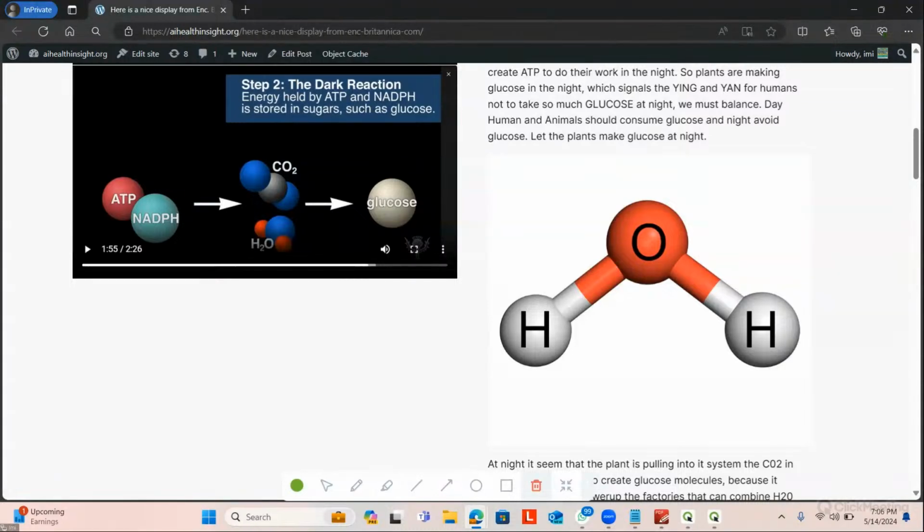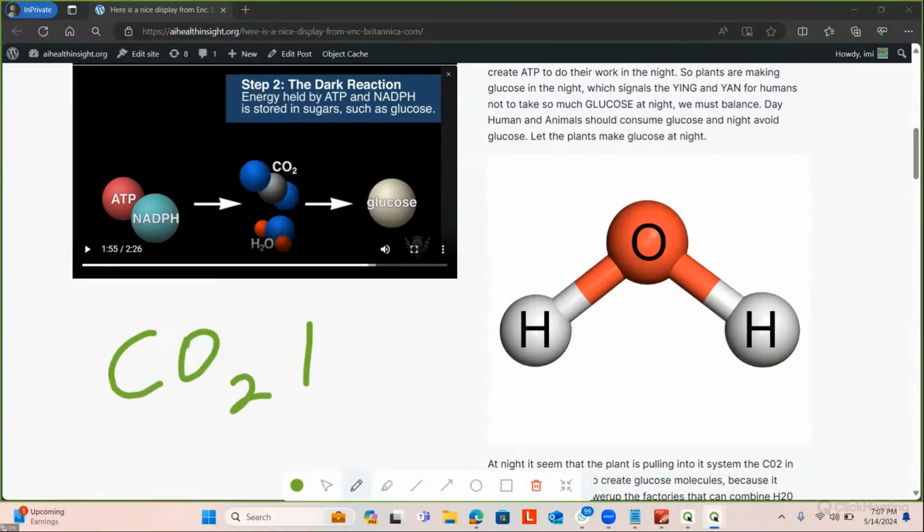What is H2O? Water. So it's using carbon dioxide and water in the night, and combining them to make something called glucose. So it's combining CO2 plus H2O to make glucose.